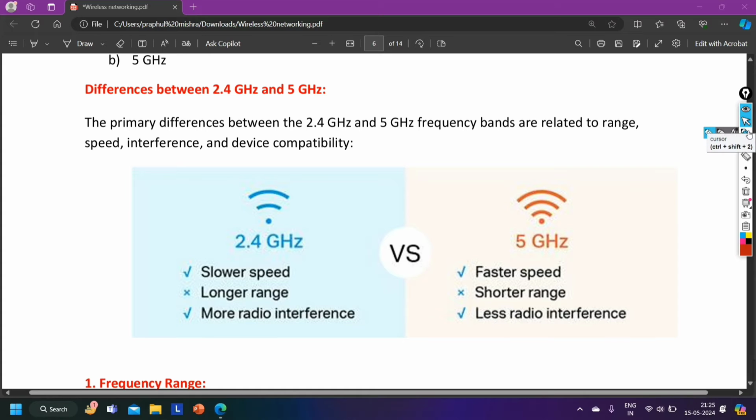Then, guys, we discussed the band, like what is a band. A group of frequencies is a band, like a group of IP addresses is represented as a network ID.